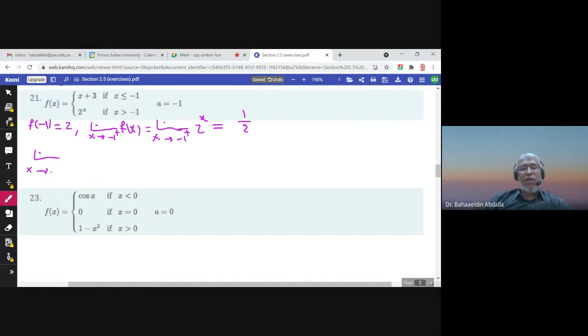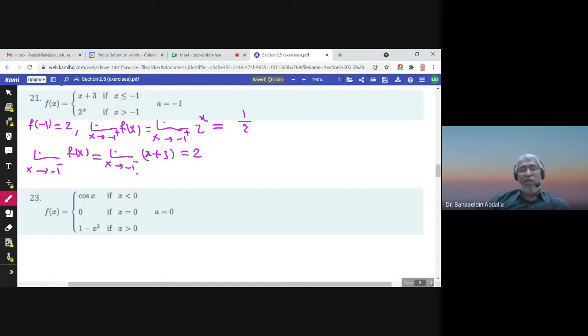If x approaches -1 from the left, then the definition would be for numbers less than -1, so we will use x plus 3. When replacing x by -1, we get 2. So notice that this equals f of -1.